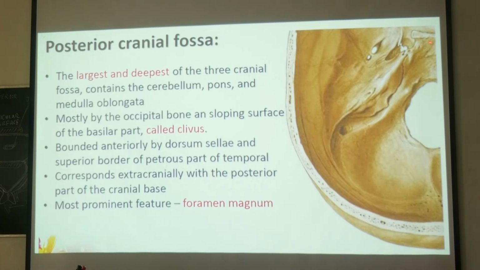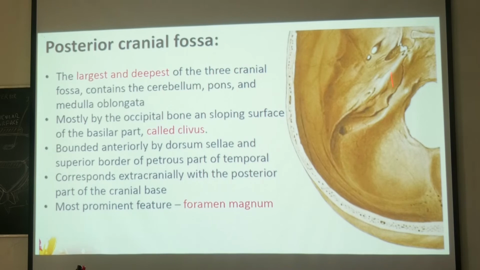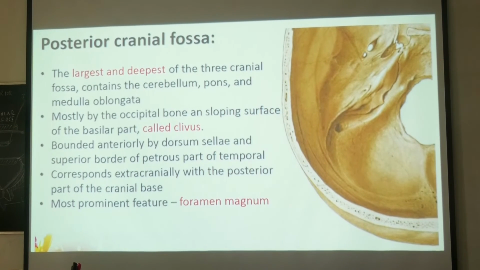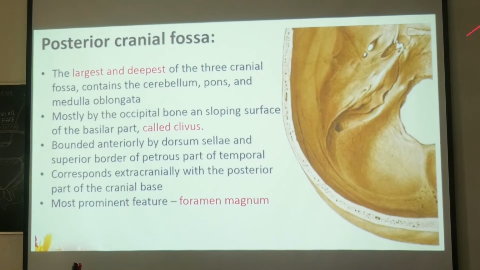Here, over the clivus, formed by the basiocciput and basisphenoid, this part lodges the brainstem: midbrain, pons and medulla from above downwards. Mostly formed by the occipital bone, the sloping surface of the basilar part is called the clivus, over which lie the pons and medulla oblongata.